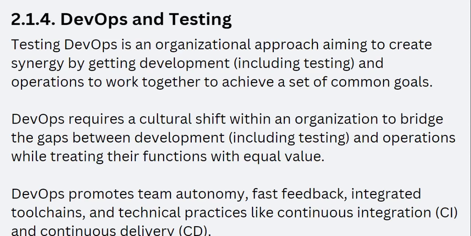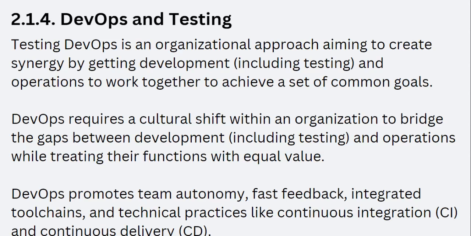DevOps and testing. Testing in DevOps means bringing development, including testing, and operations together to achieve shared goals. This approach requires a cultural shift within organizations to ensure development, including testing, and operations work together effectively, valuing both equally.